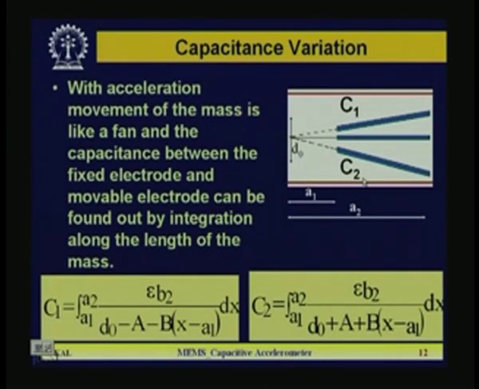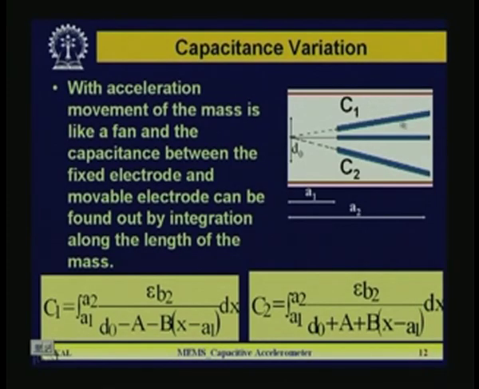Now with acceleration, movement of the mass is basically like a fan, it moves up and down, and the capacitance between the fixed electrode and movable electrode can be found out by integration along the length. One point is evident here: although we are saying parallel plate capacitance, the gap between the top electrode and the middle is not the same everywhere, it varies.